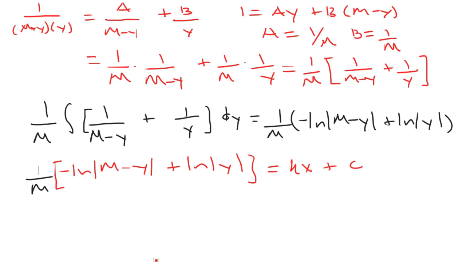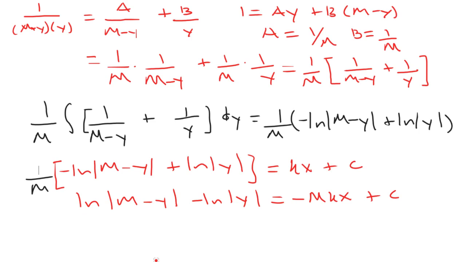So if we multiply conveniently by negative m on both sides, this is going to be the natural log of m minus y minus the natural log of y equals negative mkx, plus c, right?